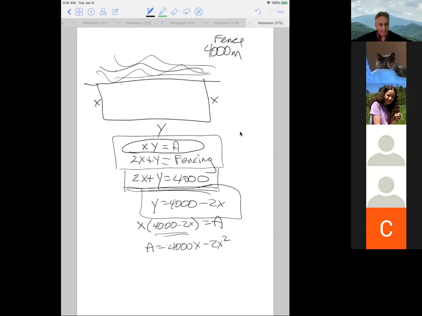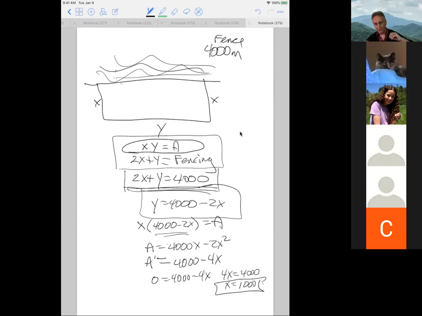Every problem you're going to get a function, take it in terms of one variable, take the derivative of it. A prime equals 4,000 minus 4x. Set it equal to 0. So we end up with 0 equals 4,000 minus 4x. Therefore, 4x equals 4,000, and x equals 1,000. So at x equals 1,000 is where it's going to happen.